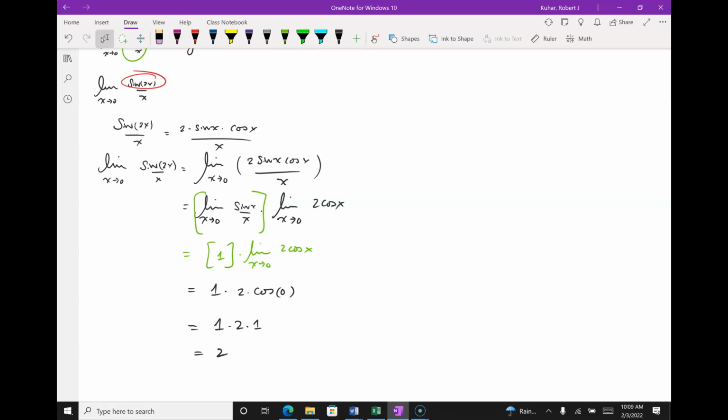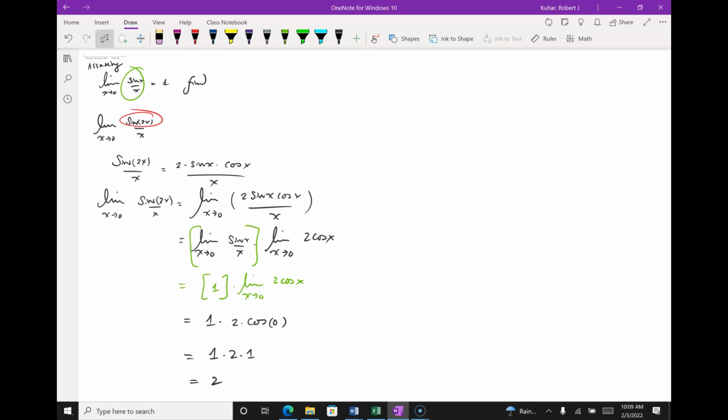I'm going to do another one, but I need another property. Claire, you got? Let me get the whole thing in there. There you go. Okay. I need another property, and that is that a constant or a coefficient can move in or out of a limit.